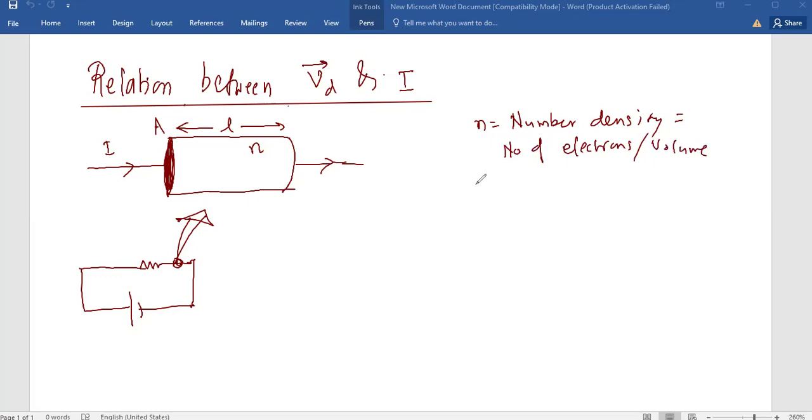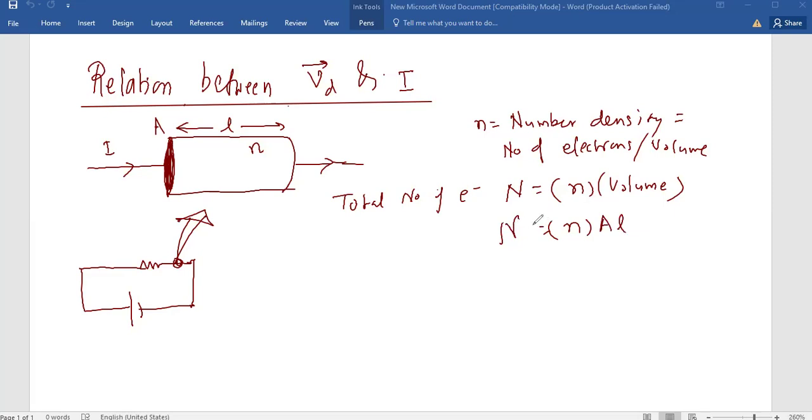So for that, let us find out the total number of electrons. Total number of electrons in this cylinder that we have chosen is given by number density into volume of the cylinder. Volume of the cylinder will be A into L. So this is the total number of electrons present at any moment of time inside this part of the conductor.